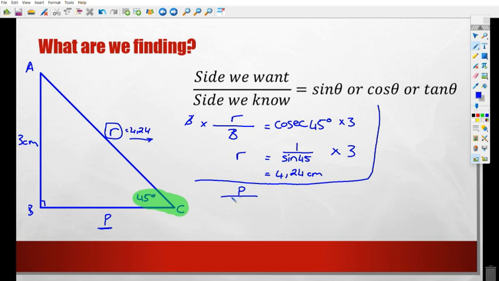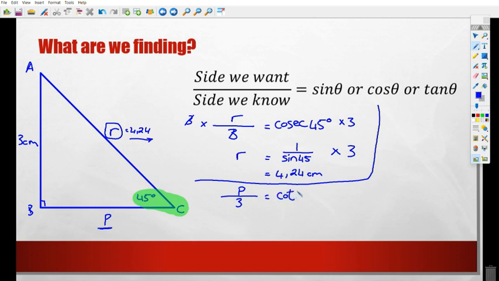So I've got P over 3. Alright, and what is P in reference to this 45-degree angle? It's the adjacent. Good. And what is 3 in relation to this angle over here? It's the opposite. Alright, so which ratio is adjacent over opposite?